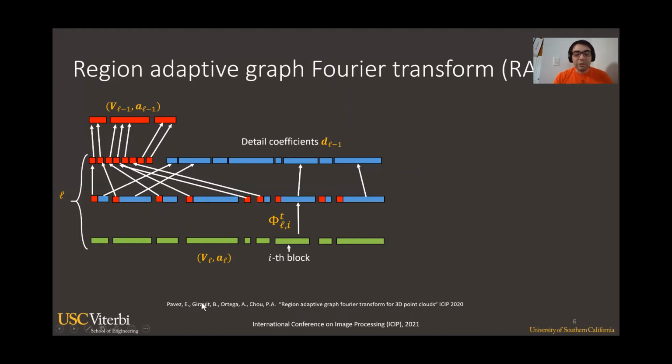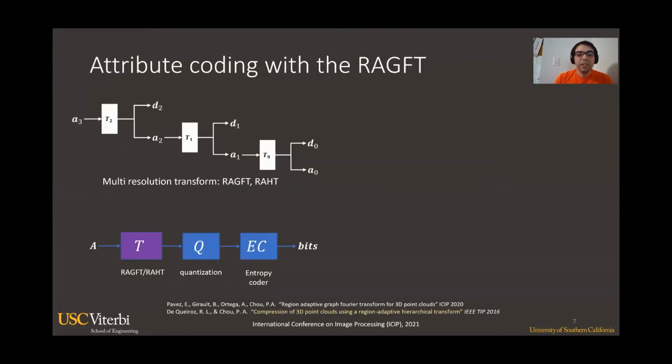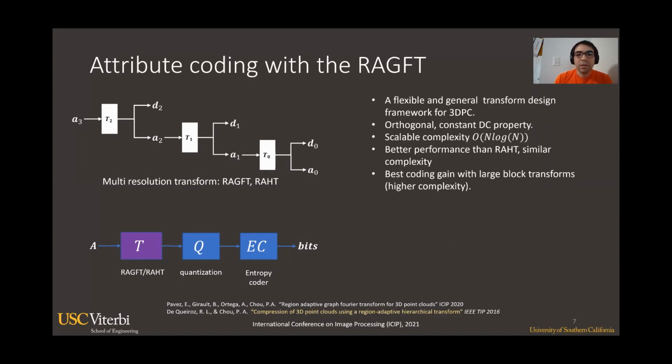And at each resolution level, it's working on a point cloud represented by VL with attributes AL. This whole one-level process can be described as a simple linear operator that takes the attributes at a given resolution and produces approximation coefficients at a lower resolution and detailed coefficients. The RAGFT is usually incorporated into a transform coding framework for compression of point cloud attributes.